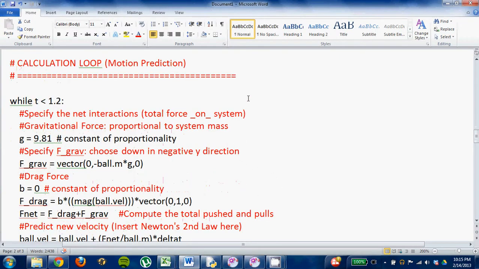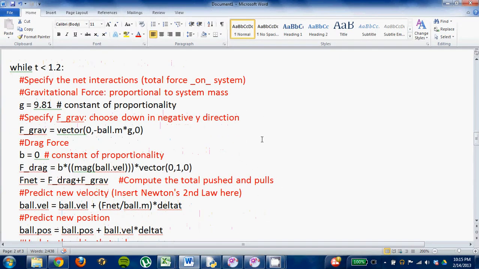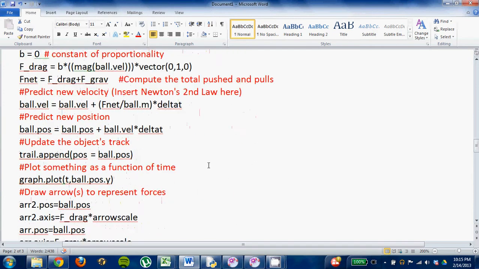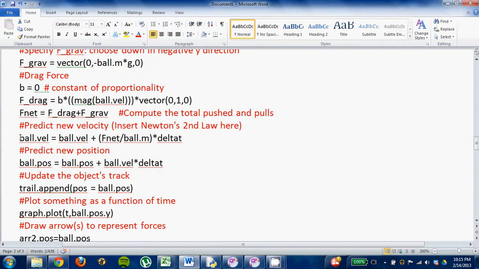Now, in order to model this correctly, I had to use the fundamental principle of momentum and the fundamental principles with drag. So you can see here where I'm getting the ball velocity and the ball position, I'm just using forms of the momentum principle broken up to give me position and velocity of the ball.